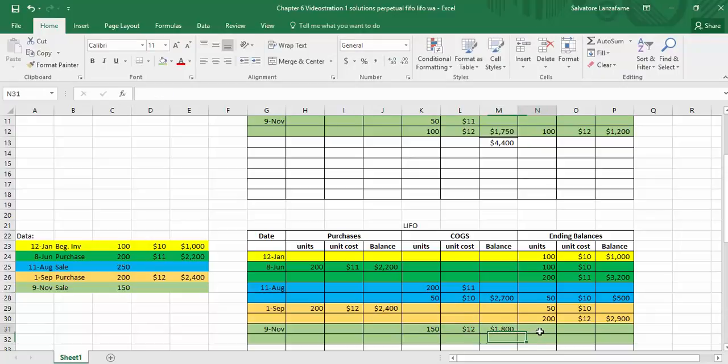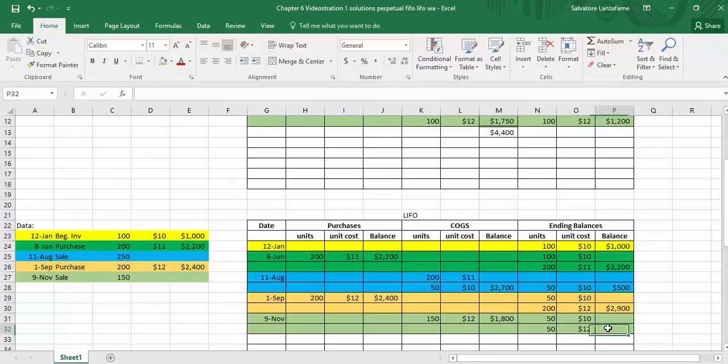So our inventory consists of the old 50 at 10 are still there. And since we got rid of 150 of the $12 group, we still have 50 of the 12. So now our inventory, 50 times 10, and 50 times 12.